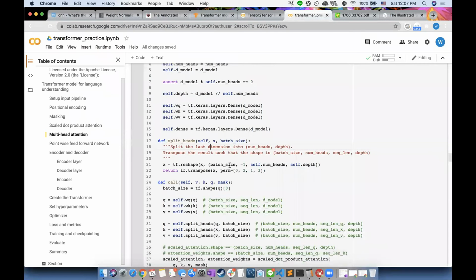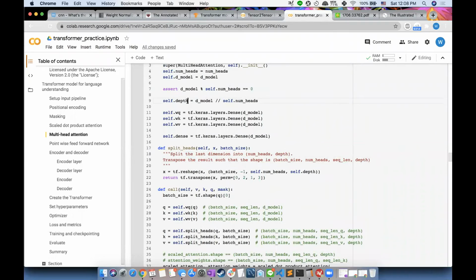Yeah, but my point is, you see this reshape? X is being reshaped here, splitting the last dimension into number of heads and depth. So we'll go through that, because it's being reshaped here, and I could be wrong. I'm just saying it seems like this is how it's implemented. And the depth is 64, right? Dimension of the model, 512, divided by number of heads, 8, is 64.